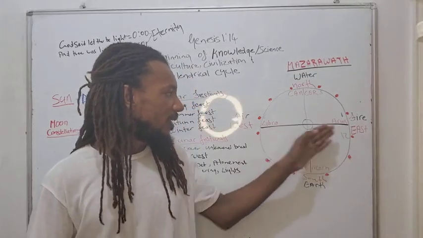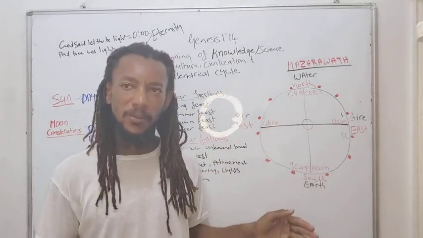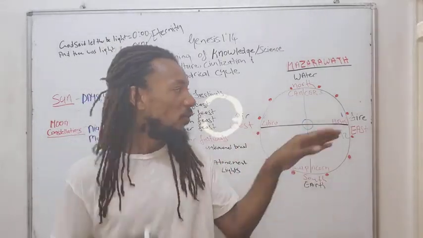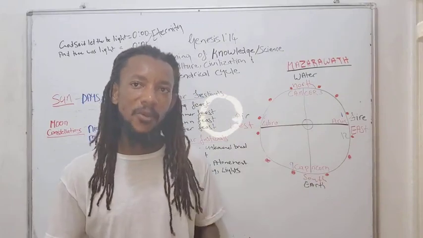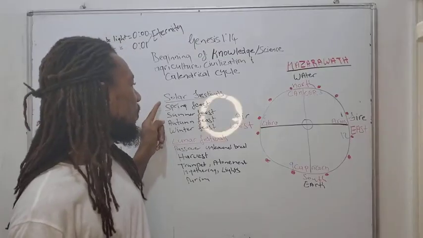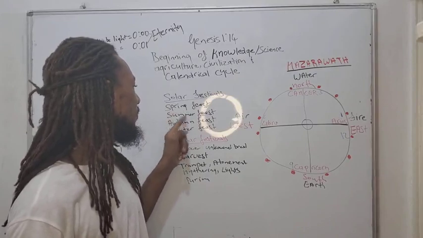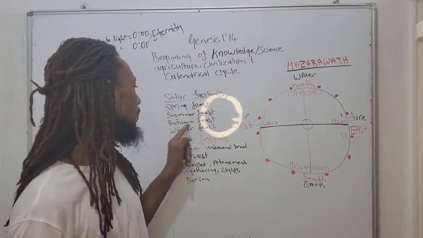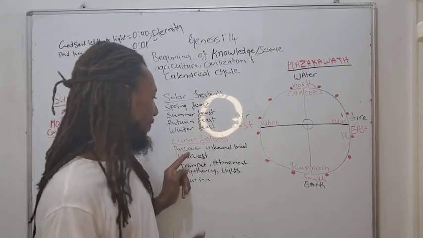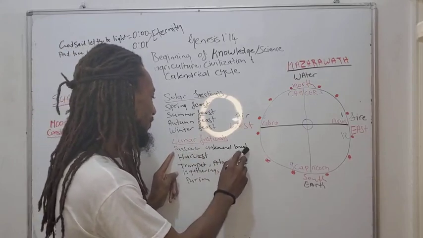So throughout the course of the year, you have four seasons: autumn, winter, spring, summer, right? The four points. Now you have your 12 months in the year where you have your lunar festivals, right? So for the solar festivals, you have the spring feast, you have the summer feast, you have the autumn feast, you have the winter feast. Now lunar festivals. In the spring you have the Passover, you have the unleavened bread.